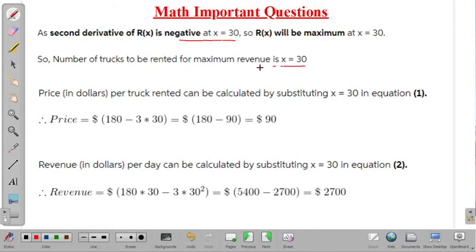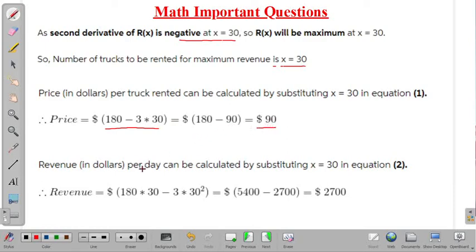Okay. Now we can calculate the price per rented truck, in dollars. It can be written as 180 minus 3x, and substituting x equal to 30, we will get the price as $90.